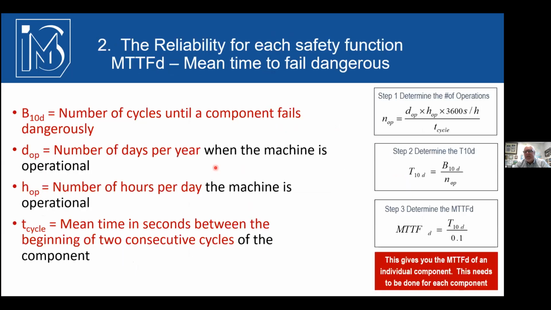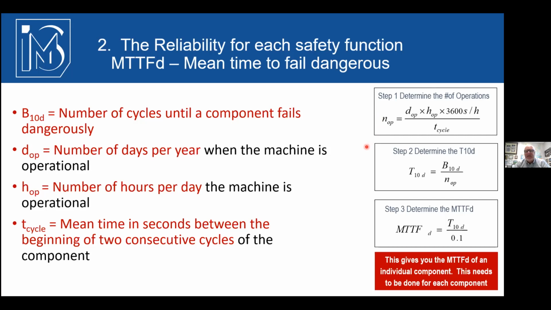The next element of it is trying to determine at what point will these things fail or have a higher probability of failing, where they become less reliable. I don't want to rely on it. So there'll be some calculations based on, and mostly determined by, how many times these things will be actuated in a year period.